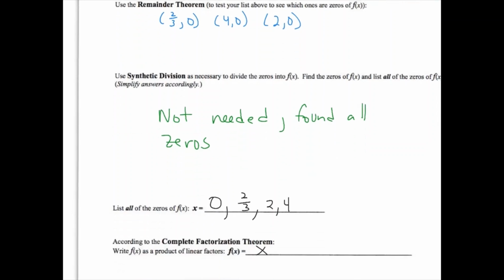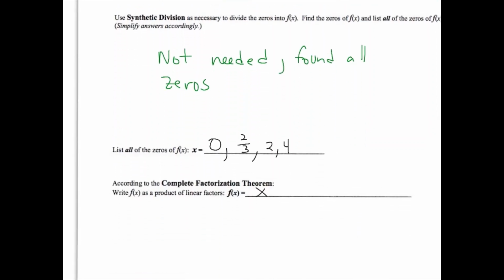Okay. So now I want to write the complete factorization, which is not tricky, but there's one thing I want to be careful of. I know x minus 2 is a factor and x minus 4 is a factor. Now, you can do this last one, the 2/3, a lot of ways. The easiest way is to just write x minus 2/3.